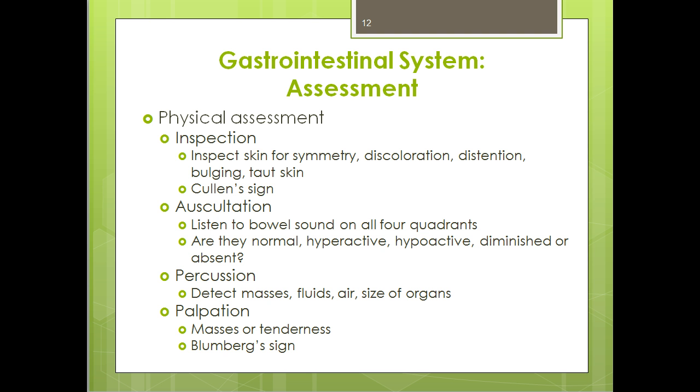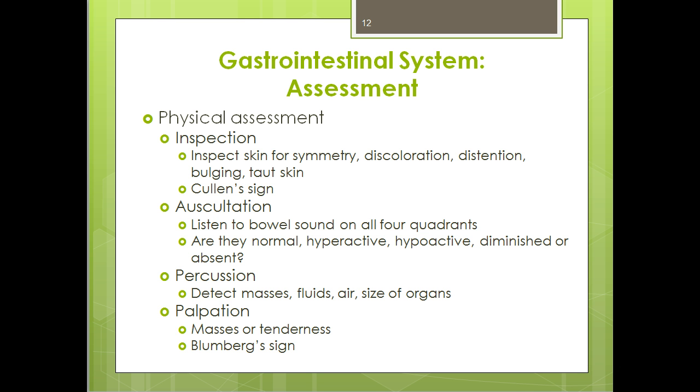If these movements are observed, note the quadrant of origin of the peristaltic flow. Report this finding to the healthcare provider because it may indicate that the person could have some type of intestinal obstruction.